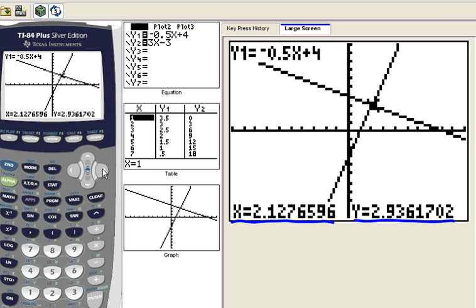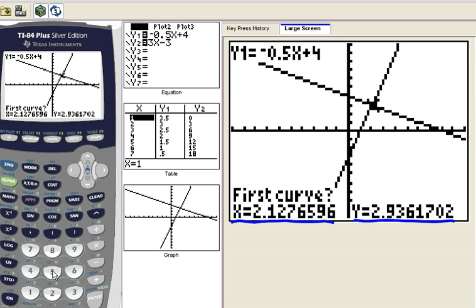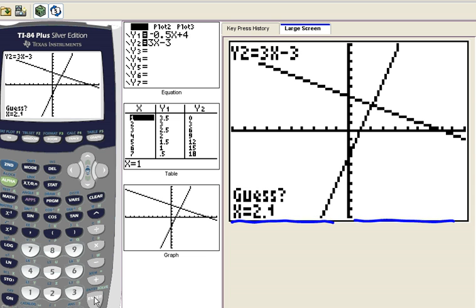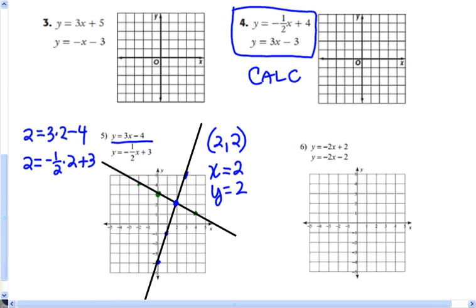But if I press second trace, and then number 5 intersect, and then I just press enter 3 times, the calculator will actually do a little bit better job of estimating where that point of intersection is. And we can see that x is 2 and y is 3. So my solution to this system is x equals 2, y equals 3.